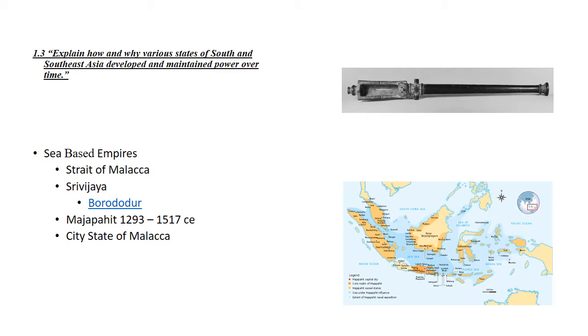The island of Java, which I've pointed out to you before there, contains a massive Buddhist temple called Borobudur, which is a great example of the influence of Indian culture and religion throughout the Indian Ocean Trade Network, but especially in South and Southeast Asia. Linda Schaefer calls this Southernization, right?